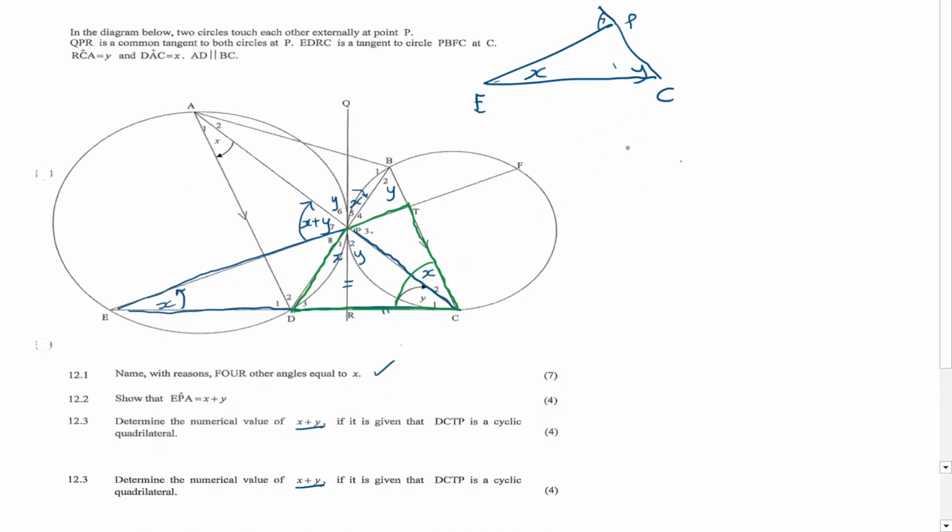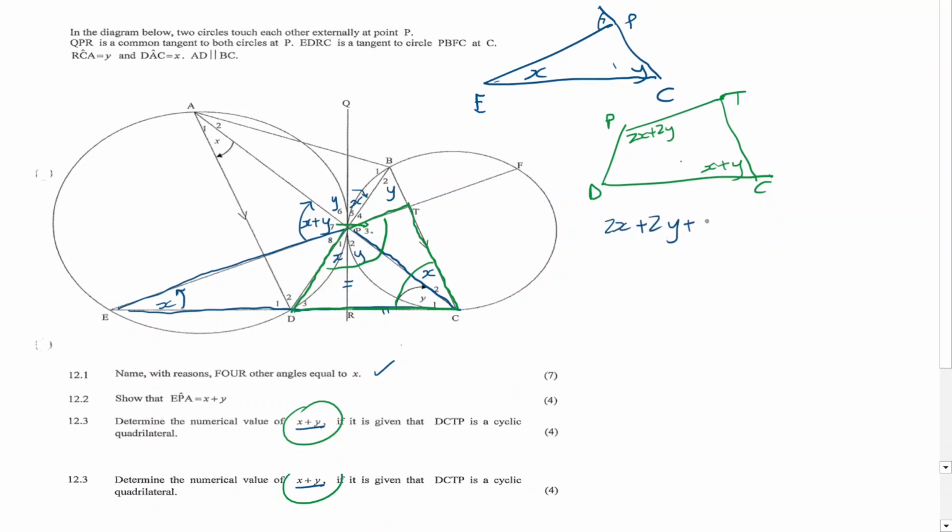And so this angle, again, you can redraw this in seconds and see that in this corner here by C, we've got an X and a Y, so X plus Y. In this corner here, we've got an X and a Y, and then we can now do our vertically opposite, and so we would end up with 2 X's and 2 Y's. So I'm a huge fan of just on your question paper redrawing in seconds shapes that you're working in, because then when you get to something that feels really left field and confusing, you can just say the opposites should add up to 180 in a cyclic quad.